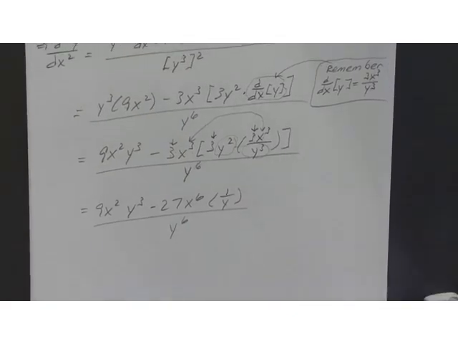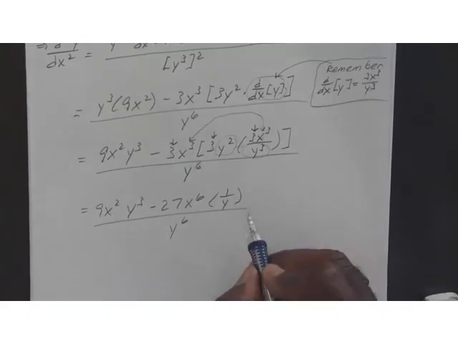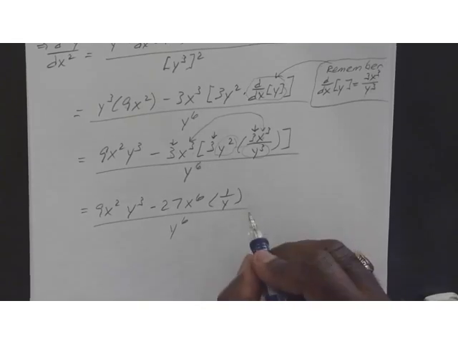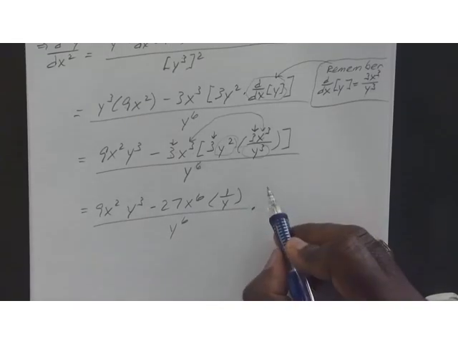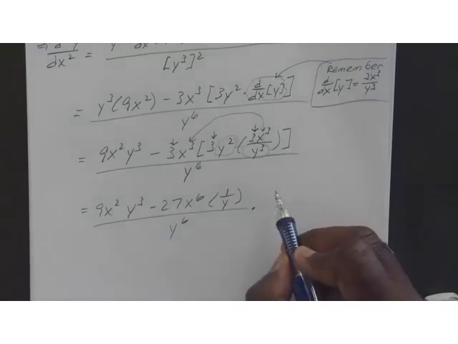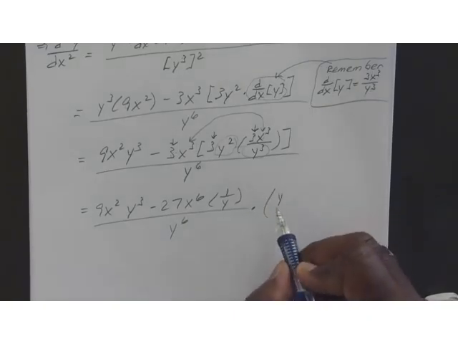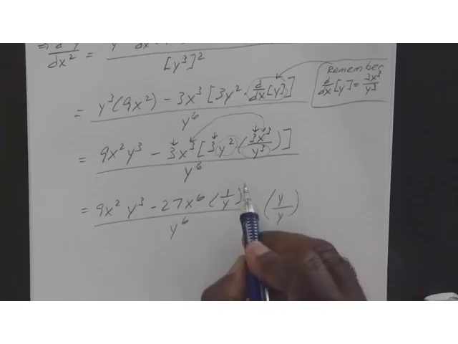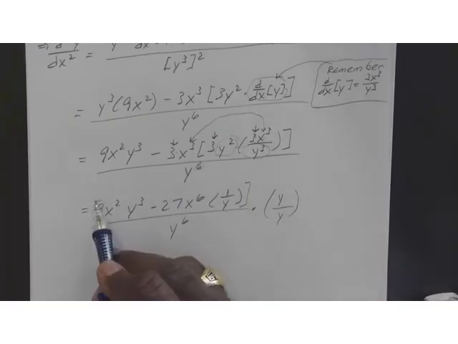Now with Newton, they may or may not accept this form. But it's an easy way to fix it in a form to where they will accept it. We just have to get rid of that 1 over y. So we just multiply the numerator and denominator by y, which means we're multiplying this whole thing by y.